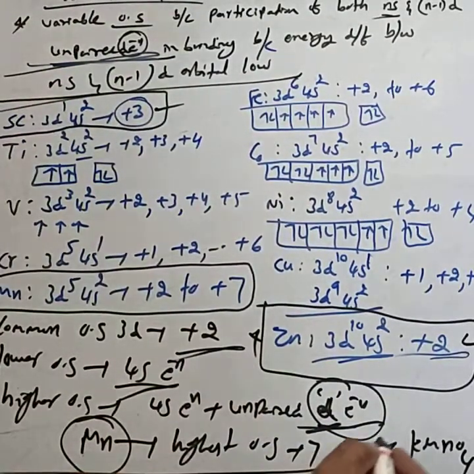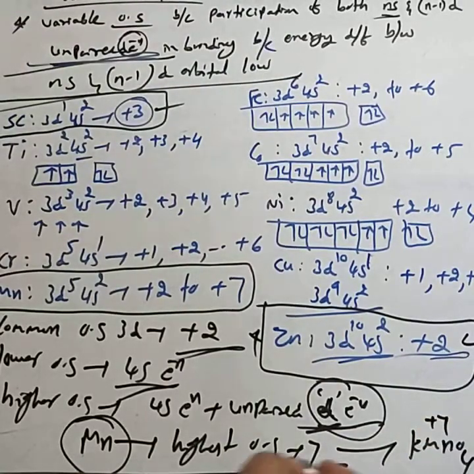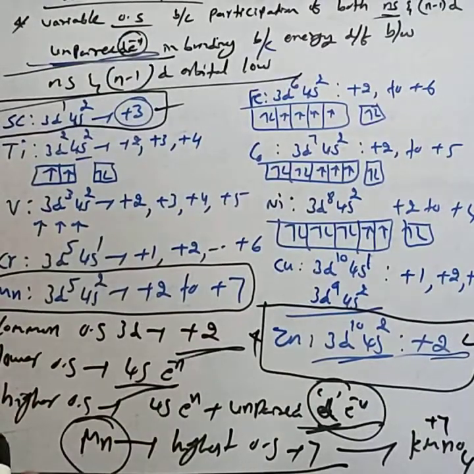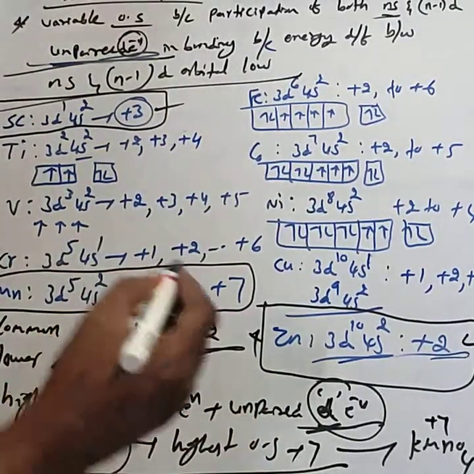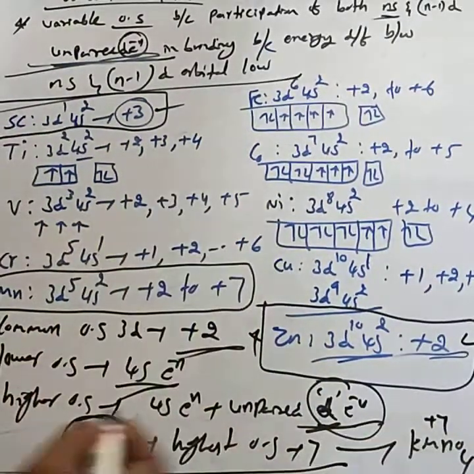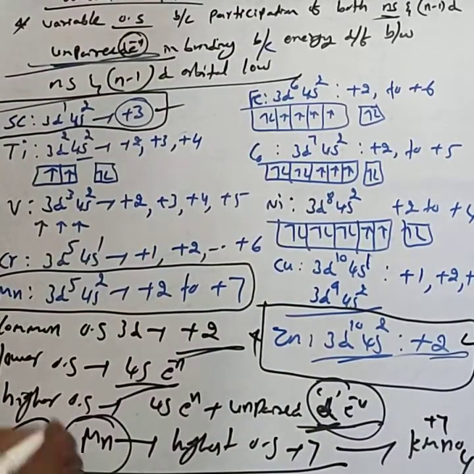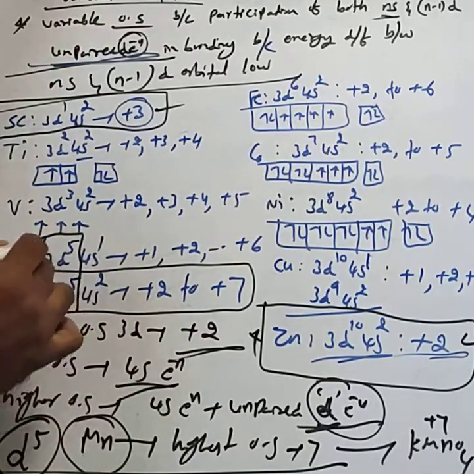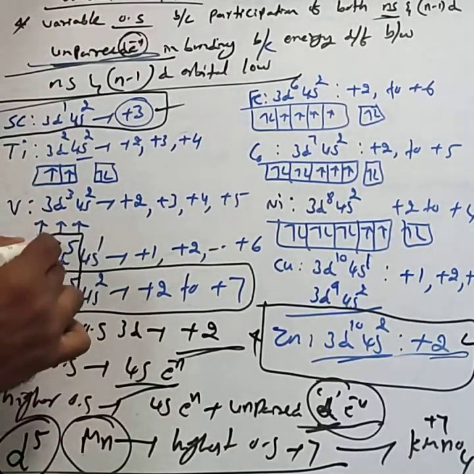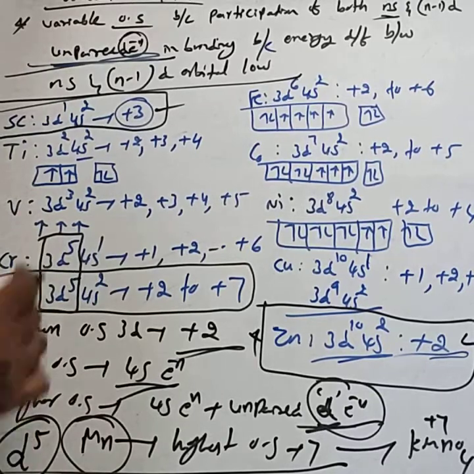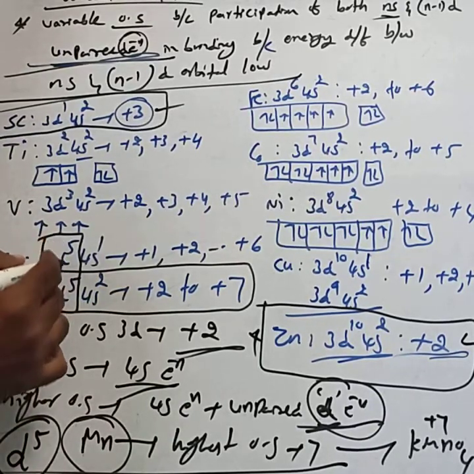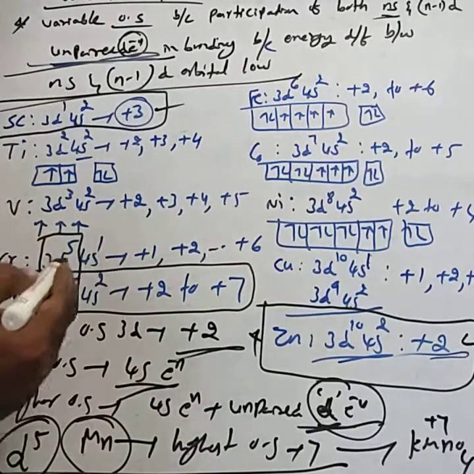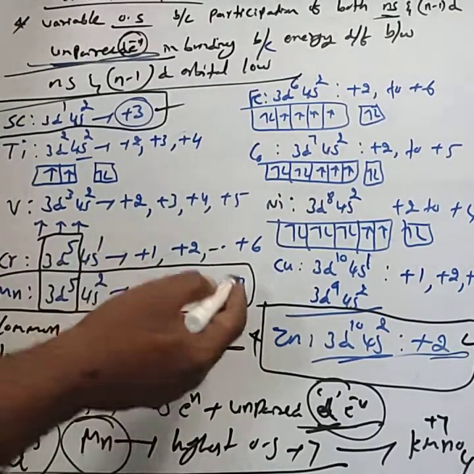In KMnO4, the manganese oxidation state is +7. Chromium and manganese have d5 configuration. The d5 configuration shows the highest oxidation state. d5 means there are 5 unpaired electrons. Due to 5 unpaired electrons, chromium shows +6 and manganese shows +7.